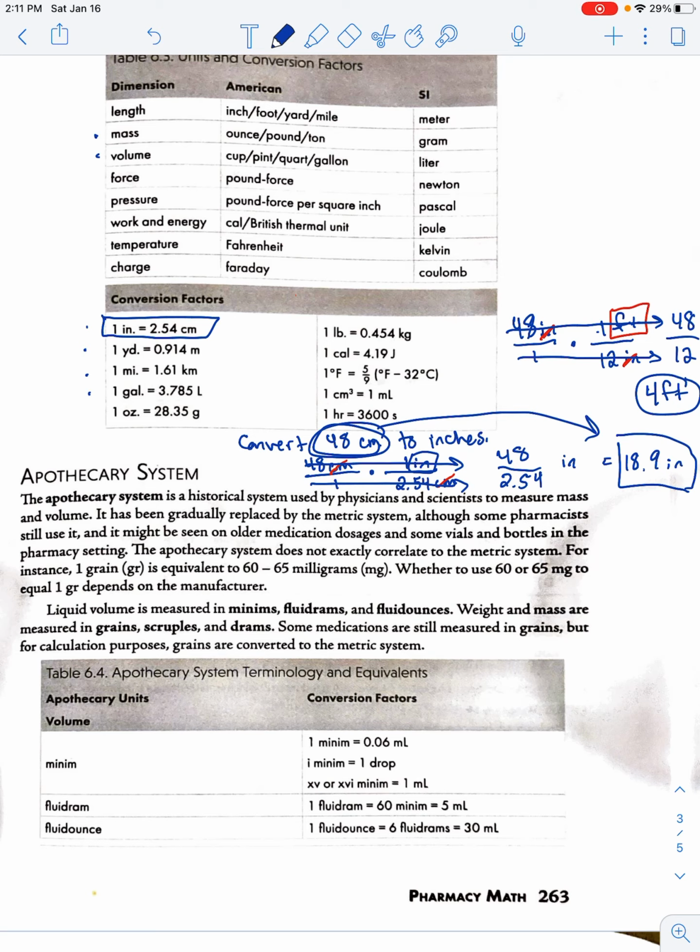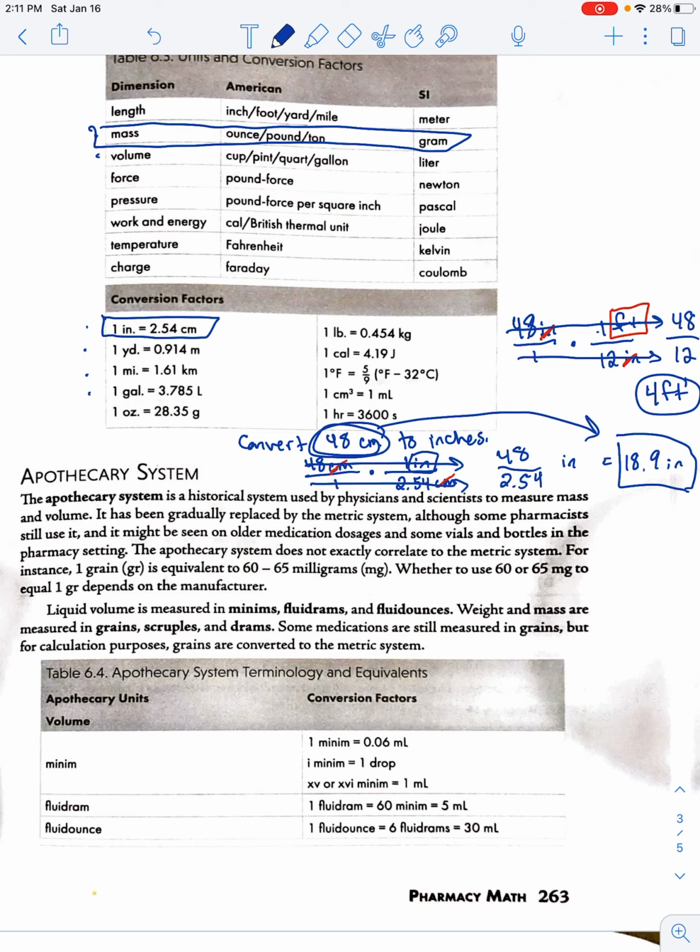So the mass is how much it weighs, how heavy it is, and the volume is the space it fills. So often you're going to be converting between ounces and grams.